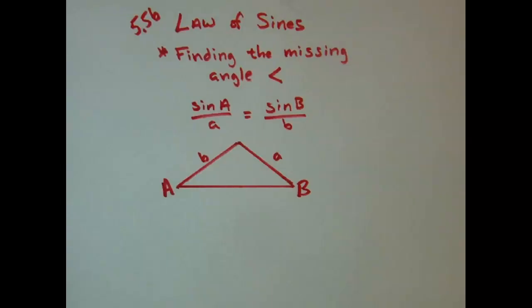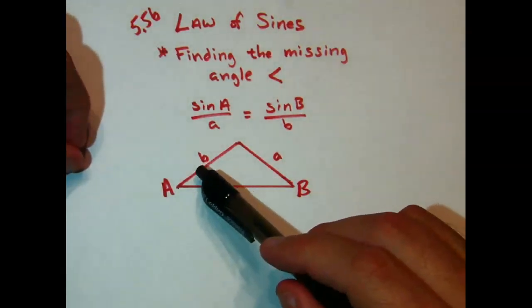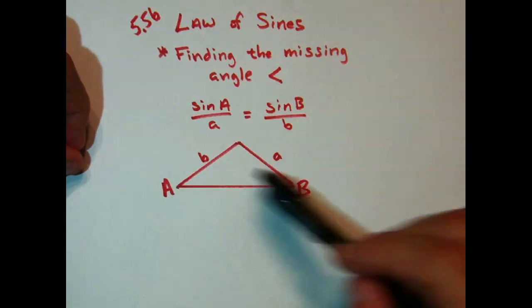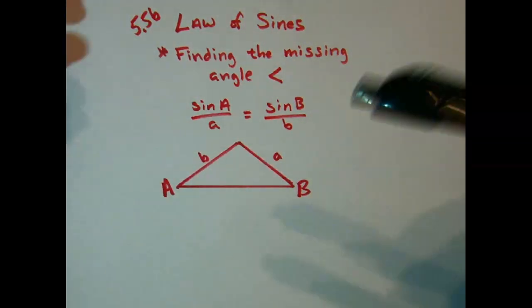Okay, so our next lesson is 5.5b, Law of Sines, finding the missing angle of a triangle that is not a right triangle, so acute or obtuse. If you remember in our last lesson, we were able to find a missing side as long as we had corresponding angles to the sides.